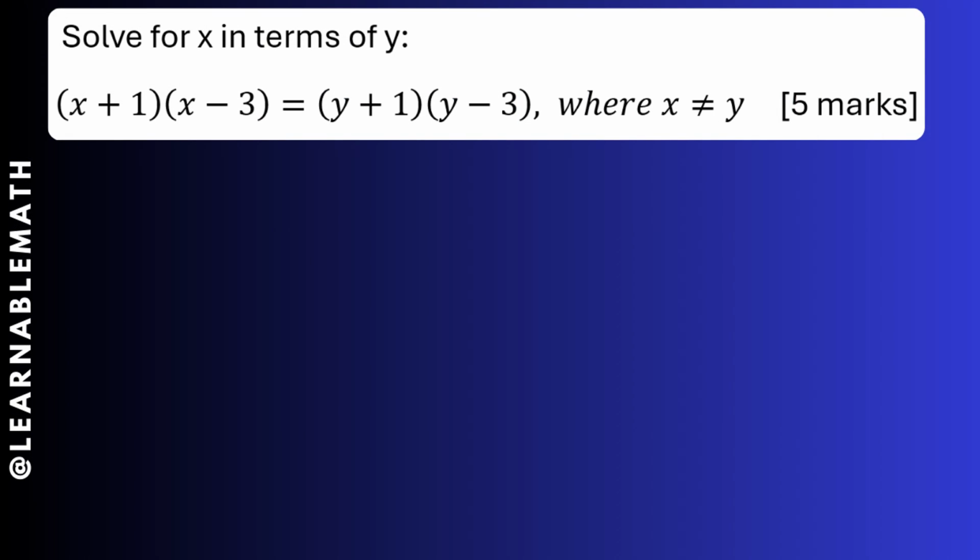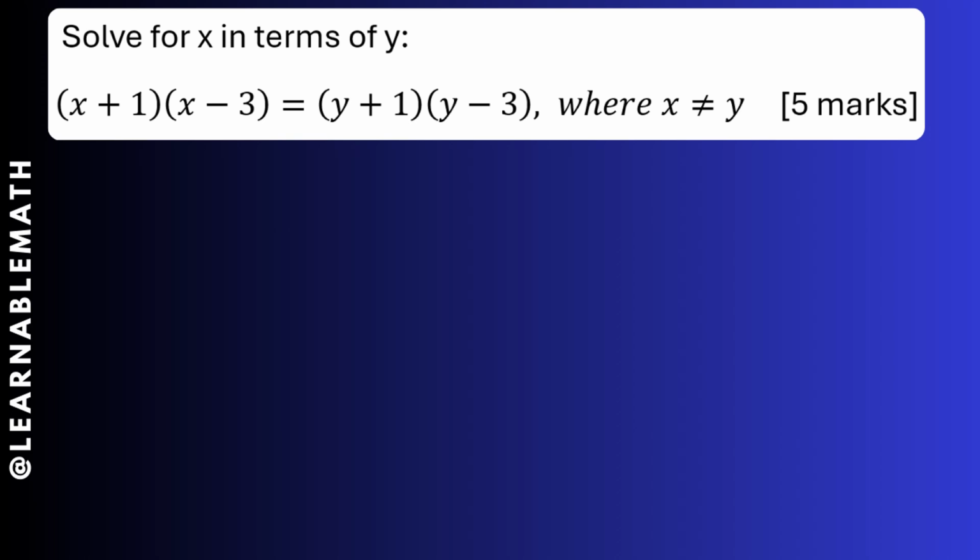Okay, so this was question 1.3. It says solve for x in terms of y, and we're given (x + 1)(x - 3) = (y + 1)(y - 3), where x is not equal to y, and the question had 5 marks.